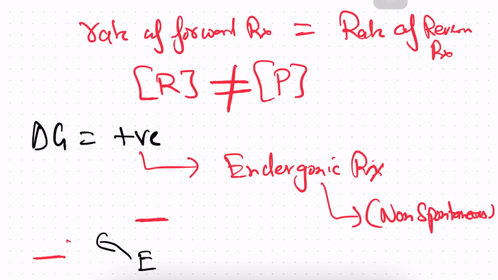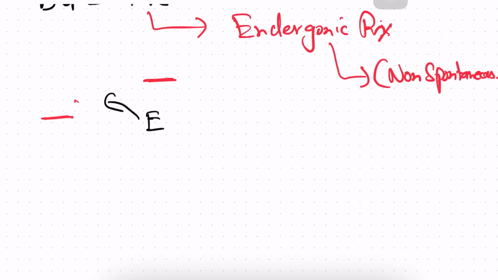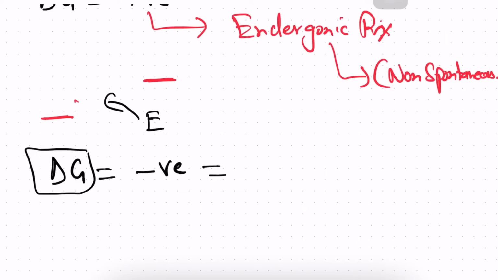Such types of reactions are non-spontaneous. Now, if you see another situation, if you calculate and the value of delta G comes out negative, keep in mind in such a reaction you are going to see release of energy, and such reactions are known as exergonic reactions.